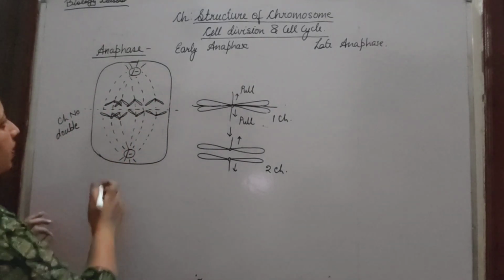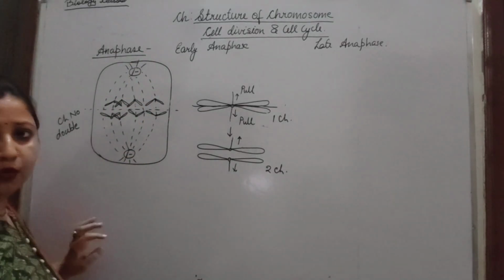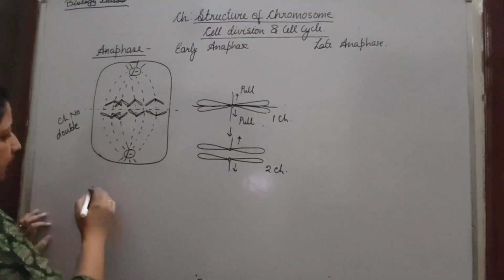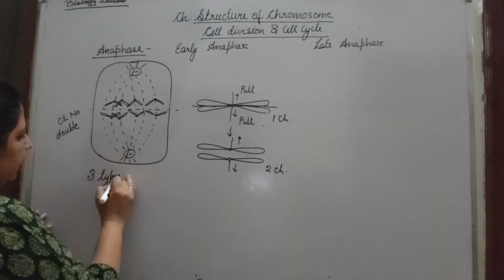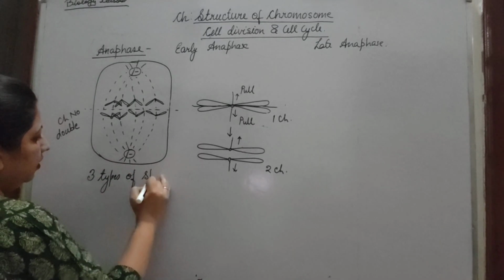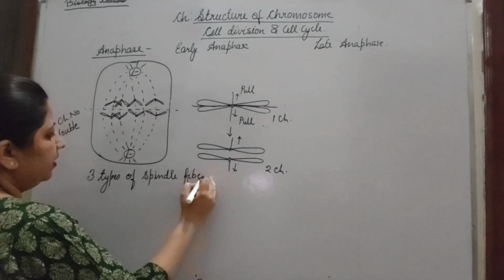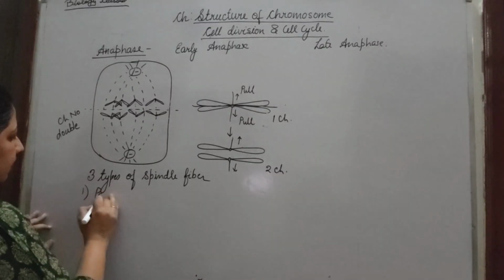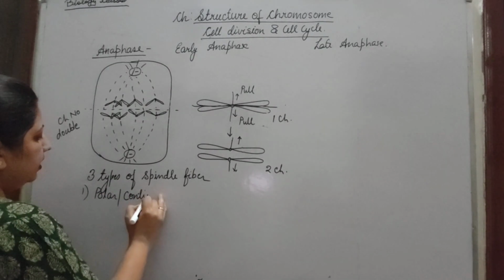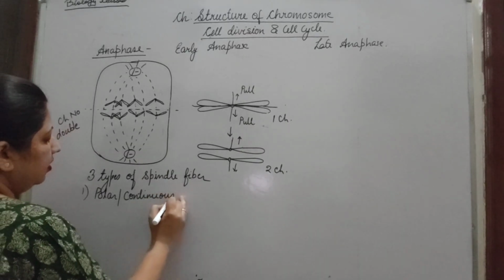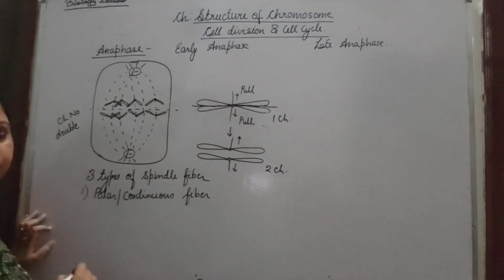Now there are three types of spindle fiber. The first one is the polar or continuous fiber, which is continuously associated from pole to pole.